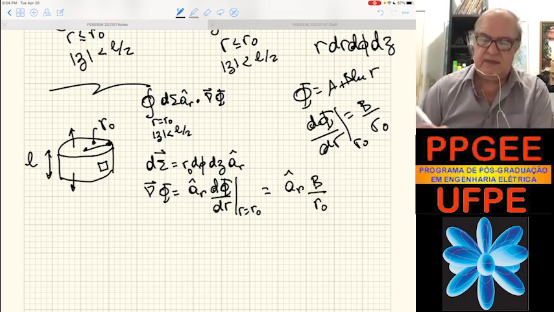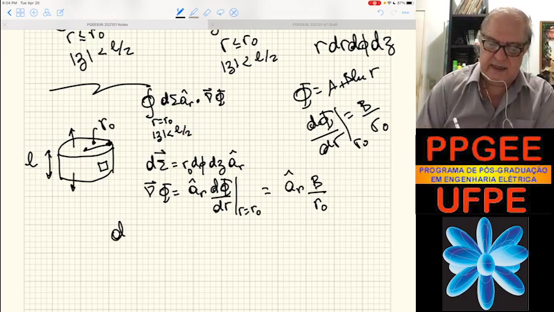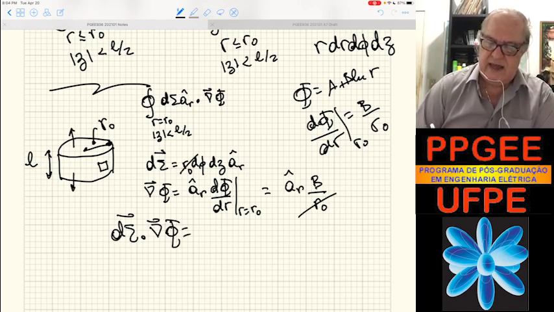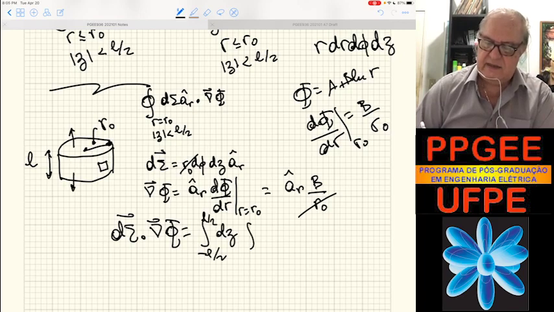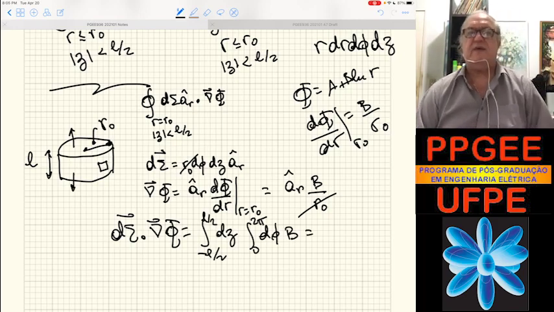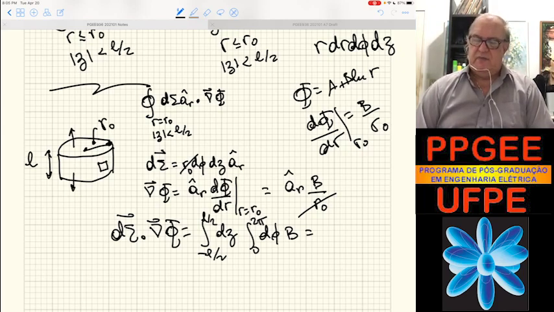When you do the dot product, the surface element dot gradient of φ, we cancel out this R0. So we have the integral from minus L over 2 to L over 2 dz, the integral from 0 to 2π of dφ times b. I hope it's right. So it's going to be b times L times 2π.